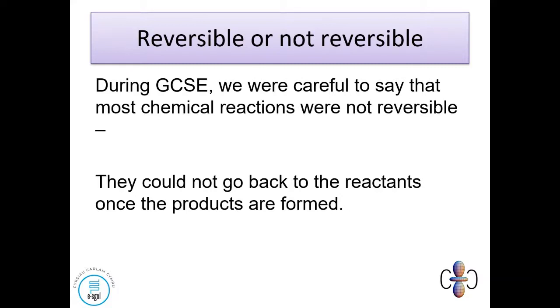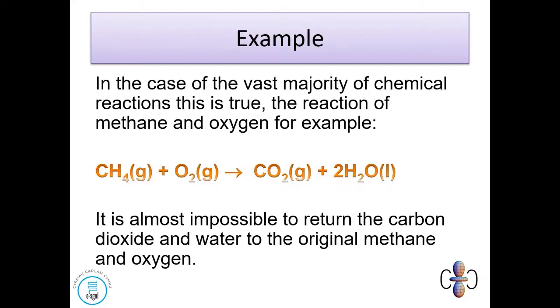Well, we know by now, or hopefully you know by now, that that's not actually accurate, and we are aware that some can go back from the products and reform the reagents. So starting from Year 7 onwards, we've said that things aren't reversible. So how do you describe the difference between a physical and a chemical change? Well, simplistically, if you're going to undo it, it's a physical change like melting chocolate.